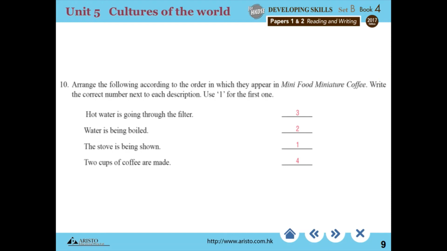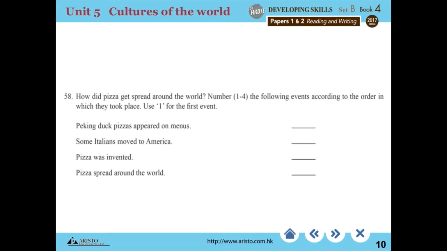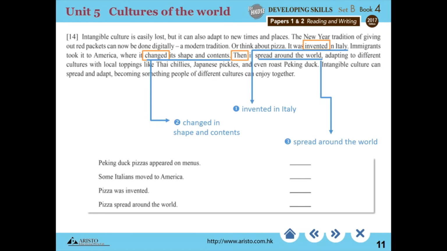Here's another question asking you to number four events according to the order in which they took place. This question has to do with the passage on pizza we looked at earlier. Based on what we have seen earlier, the third statement, pizza was invented, is the first event that happened, and the last statement, pizza spread around the world, corresponds to the third event we have labeled earlier.